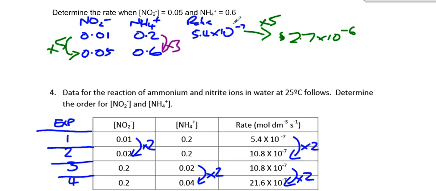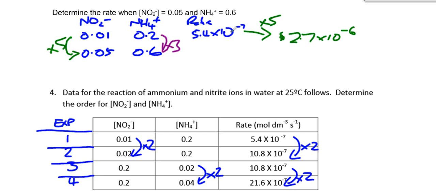But if I times this number by 3, then I'm going to have two different rates, because there's an increase in concentration here and here at the same time. So I've already worked out what the rate increase would be with just the NO2 minus increasing in concentration, and I've times it by 5.